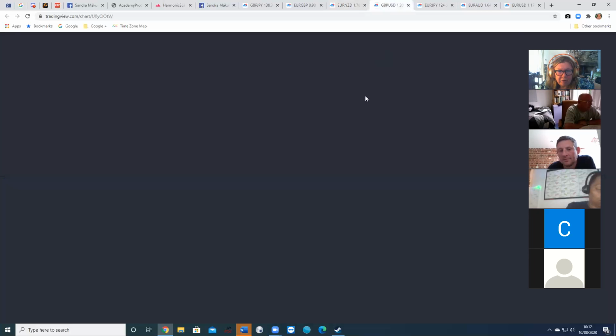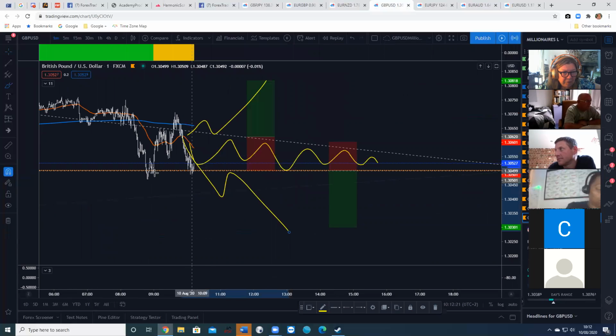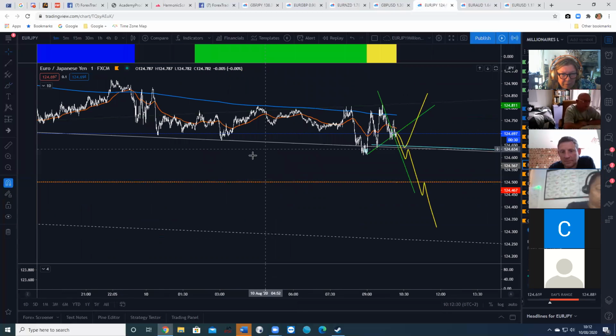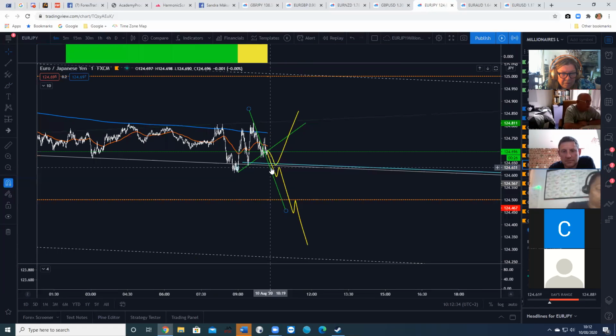GU going down, just hit quarter theory again. So ranging, but it'll have to pop out of that cheese wedge one sooner or later. And the euro against the JPY still under the 62, still saying sell at the moment, but nothing we can do until we get a pitchfork touch.